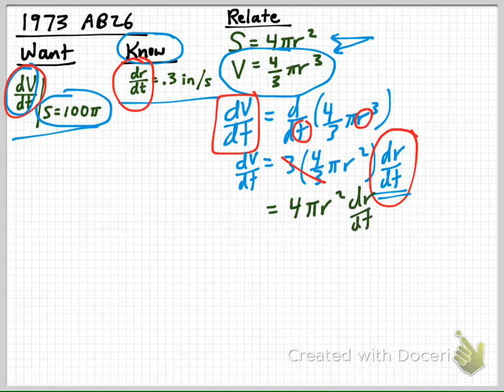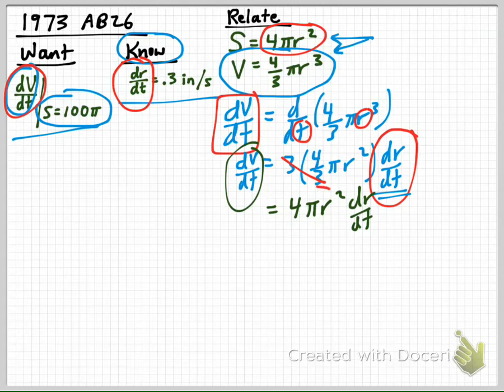What we want is the dV/dt at the precise moment when the surface area is 100 pi. This is kind of cool, and this is how many of these AP questions go. I think I was saying something along the lines of, you've got something that kind of falls right in your lap.